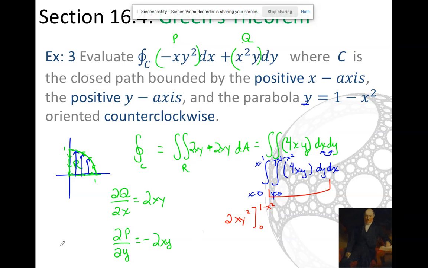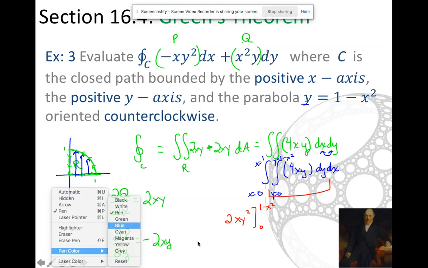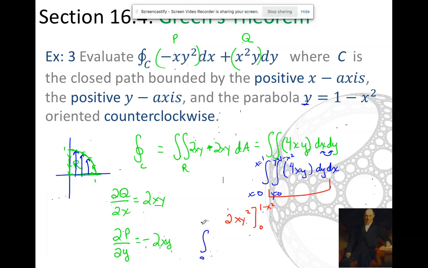So I'm just going to end up with my single integral from 0 to 1 of 2x times (1 minus x squared) squared dx. Well, what do you want to do here? I could expand all this out, but I think I'm going to go ahead and use u substitution and just say u is equal to 1 minus x squared.